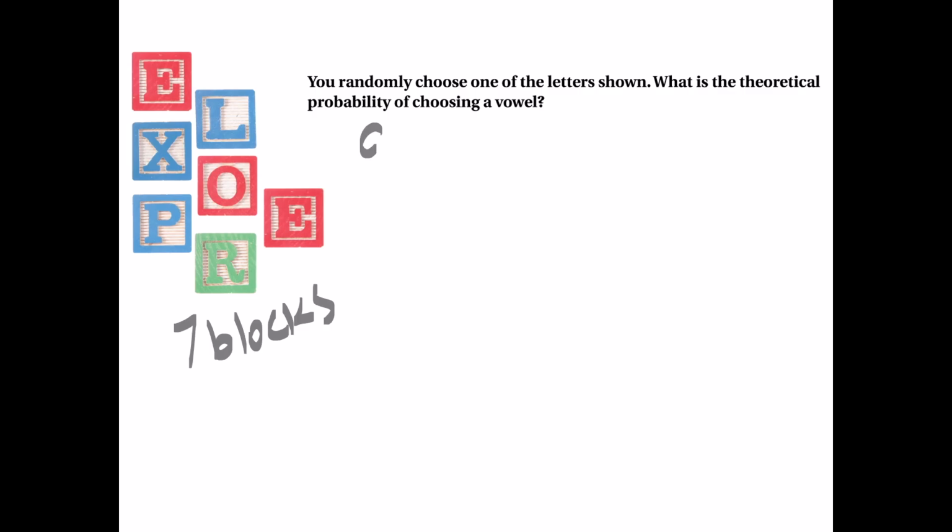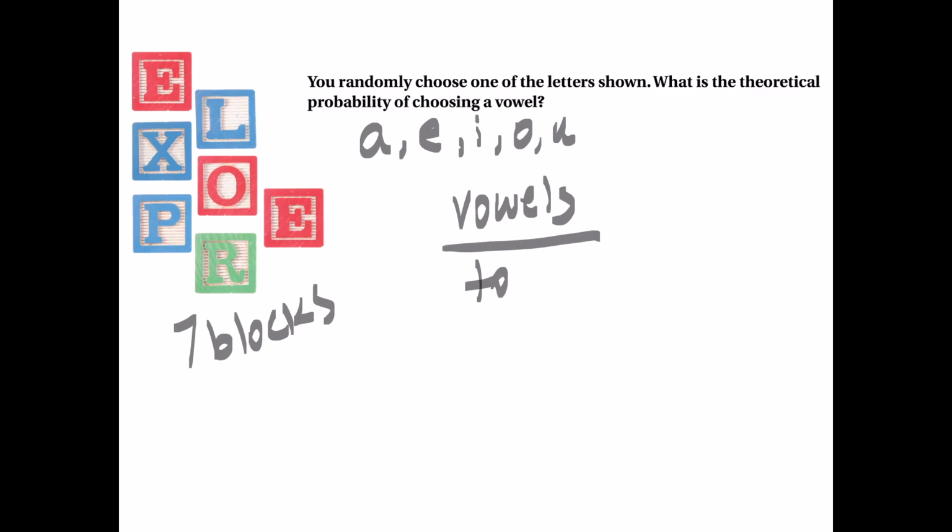Remember, a vowel are the letters A, E, I, O, and U. So we want to compare how many vowels we see compared to how many total tiles we see. So we see 1, 2, 3 vowels out of 7. So we have a 3 out of 7 expected or theoretical probability of choosing a vowel.